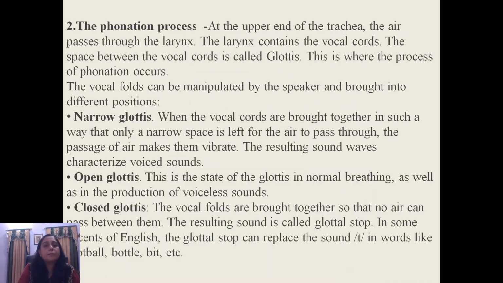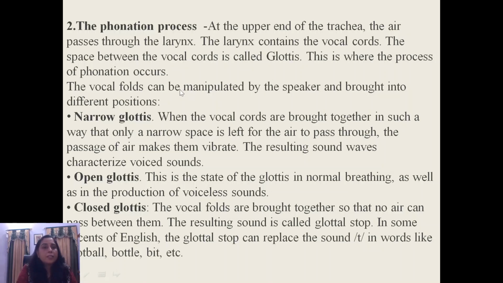Let's look at the second process, that is the phonation process. At the upper end of the trachea, the air passes through the larynx, and the larynx contains the vocal cords. The space between the vocal cords is called the glottis, and this is where the process of phonation occurs. So first the air from the lungs is used and it crosses the vocal cords and glottis that I've already explained.